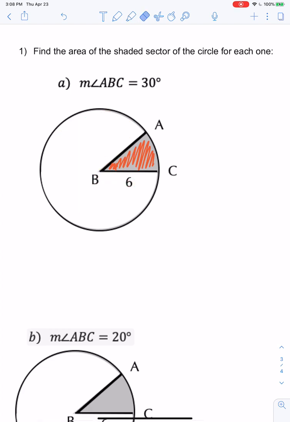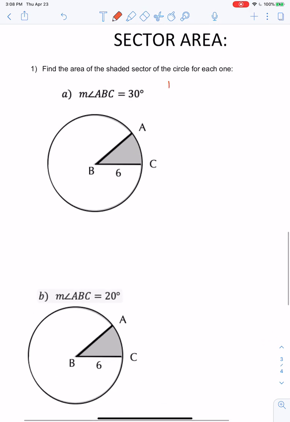So what we're going to do is set up an equation where we're talking about parts divided by wholes. Now we were told that the measure of angle ABC, this angle right here, is 30 degrees.